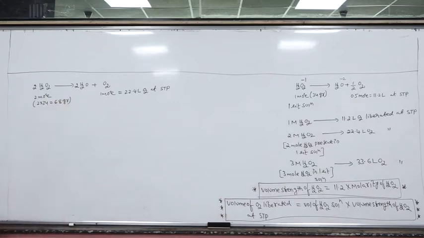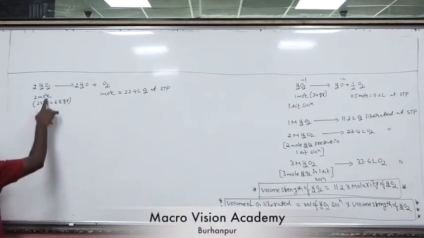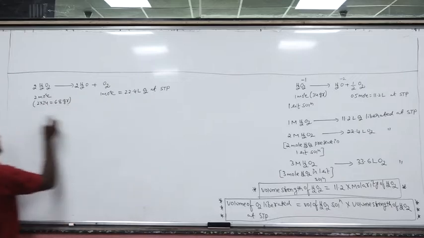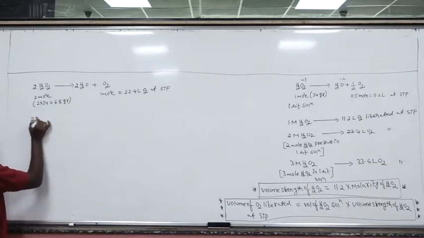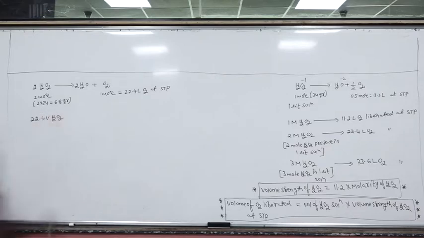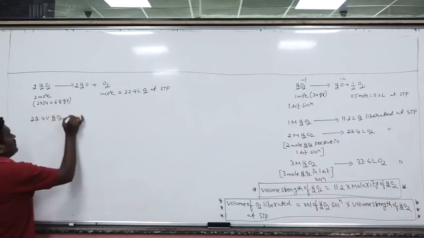Remember, this is 2 moles present in 1 liter solution. That means 2 molar solution. Okay? 2 molar solution will produce how many liters of oxygen at STP? 22.4. So that's why I am writing 22.4 volume strength of H2O2 will be corresponding to this.